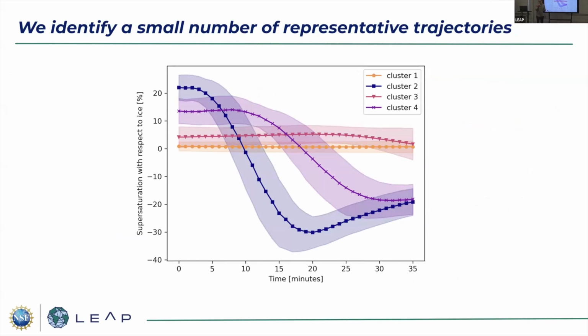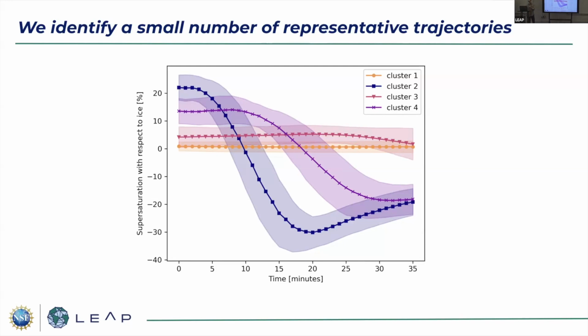So we get representative thermodynamic histories from these centroids. And we see one characteristic trajectory that starts very saturated, but then ends in very subsaturated conditions, below 100% humidity.